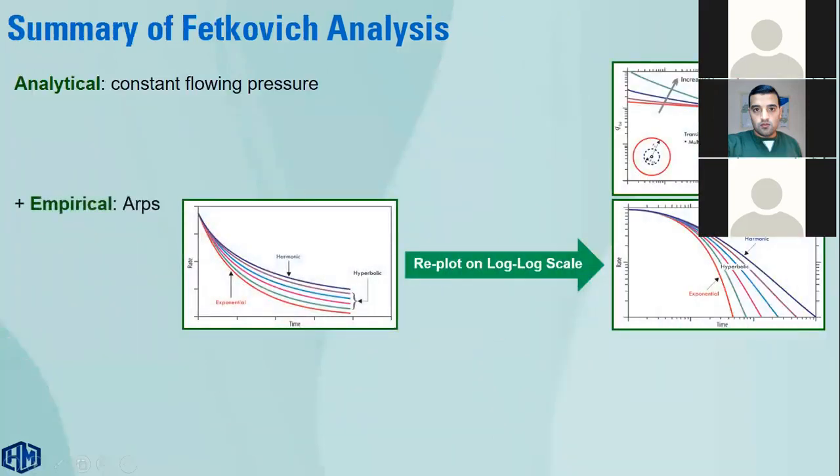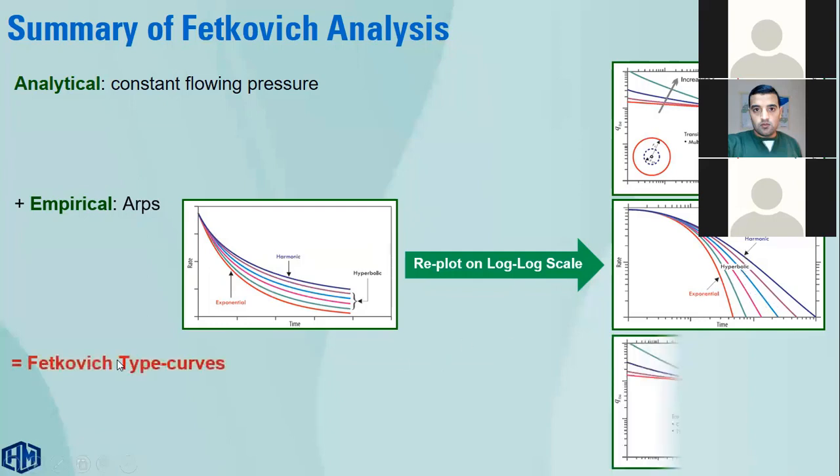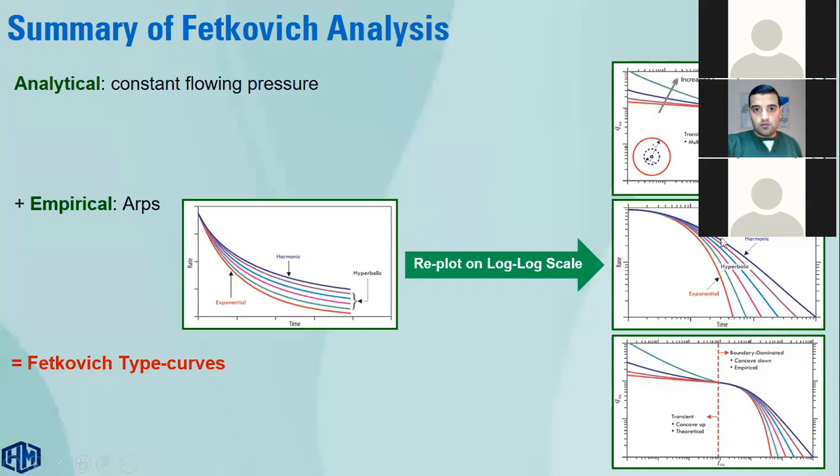So to summarize the Fetkovich analysis, we have the analytical or constant pressure solution, a function of rw or drainage radius, plus the empirical or Arps equation plotted on log plots, a function of the value of b. Finally, by incorporating the two families together, we have the Fetkovich type curve.